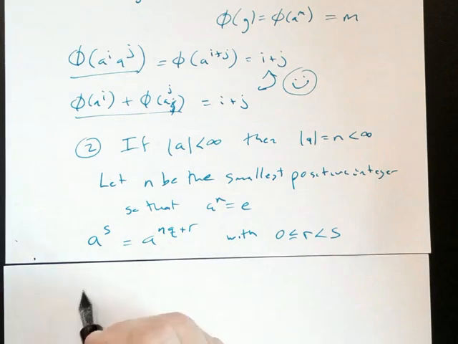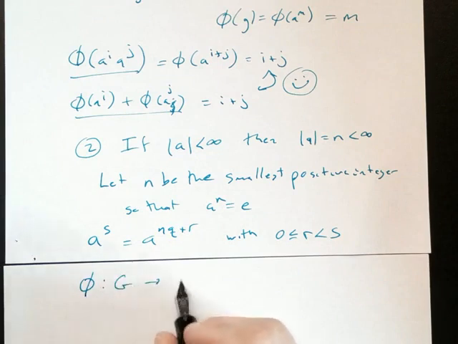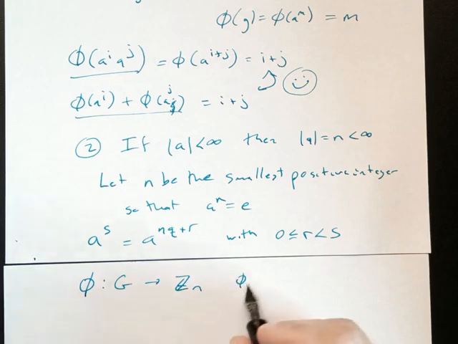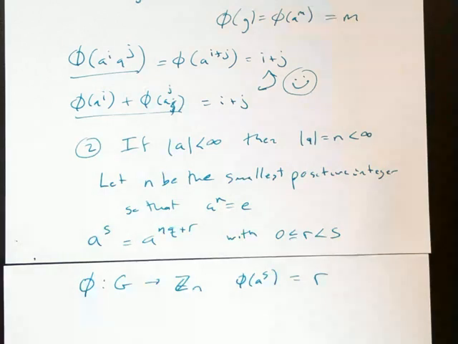So what I'm going to do is I'm going to say the map from G to Zn takes a to the s to its remainder. So working here, I would add the powers, right?